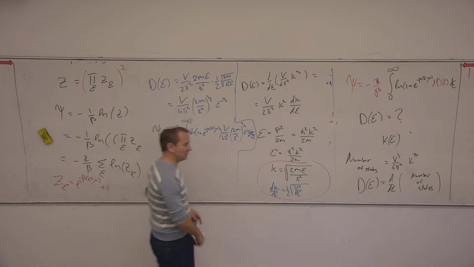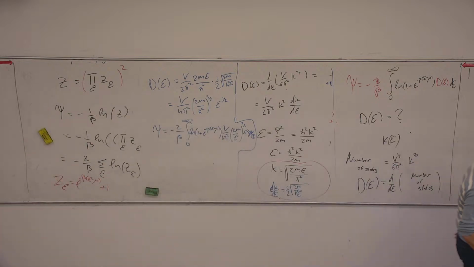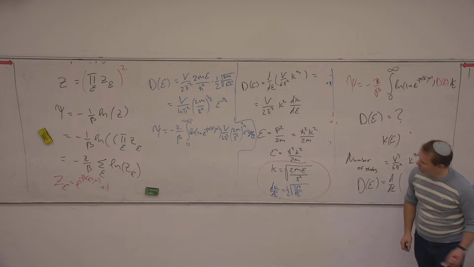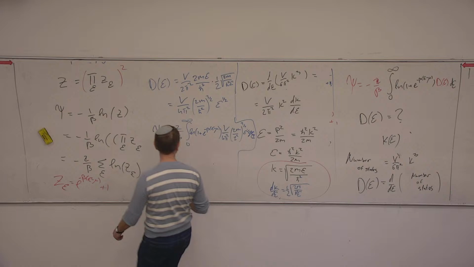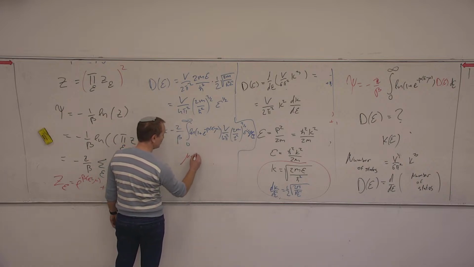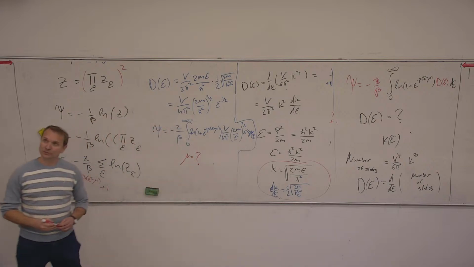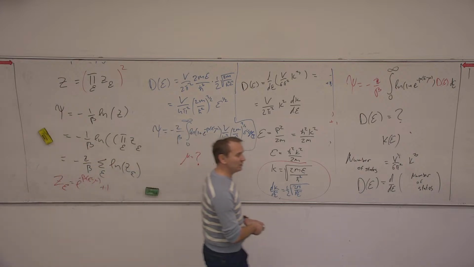Hooray! We know the grand canonical potential. Everything is nice. The thing is, remember, our goal is to find what μ is, because this is a very important quantity.